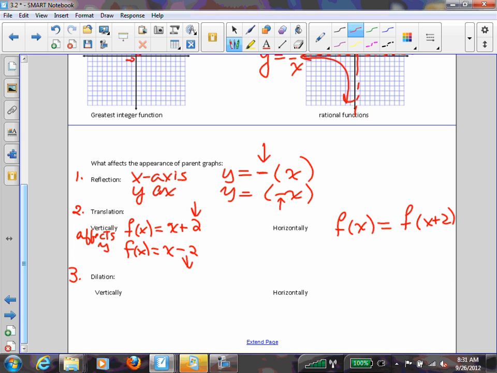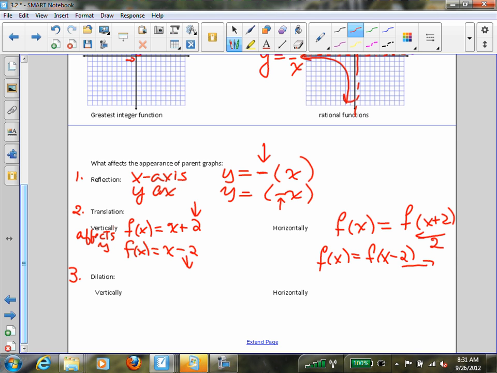Remember, if it's with the x, it's the opposite sign of what's in parentheses. So we think of a movement to the left 2 units. Or if f of x is equal to f of x minus 2, we're saying it's moving it right 2 units. So we think of the opposite sign of what's shown in parentheses. Are we okay with that?